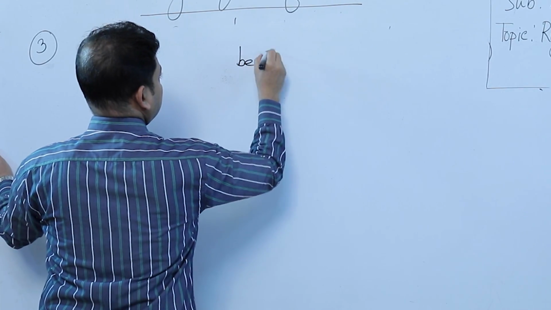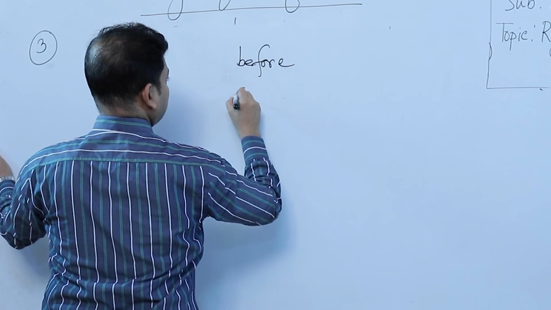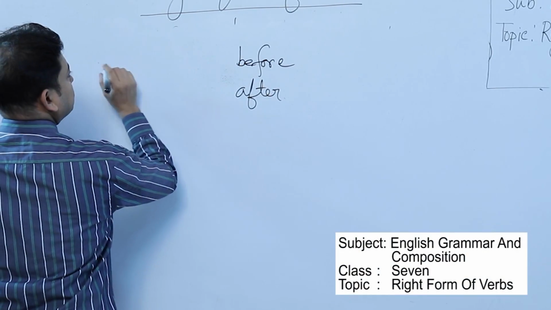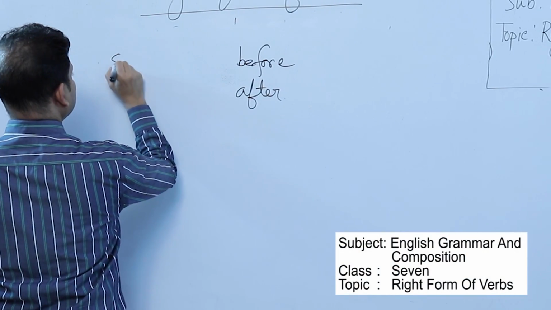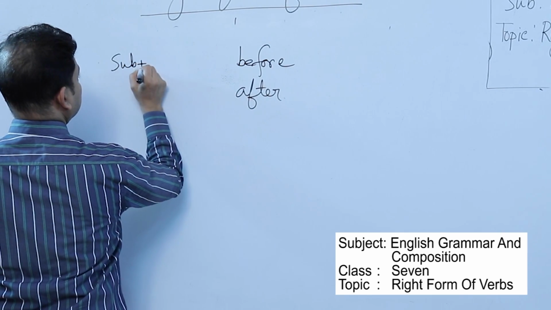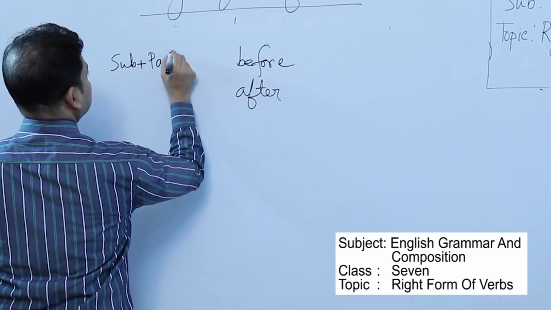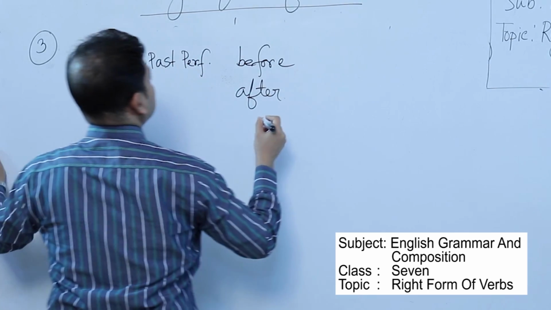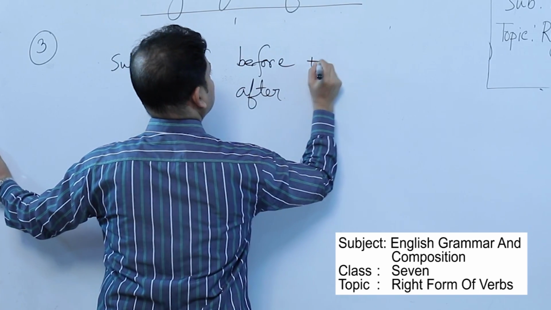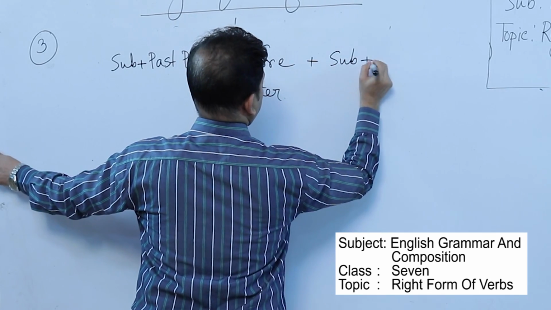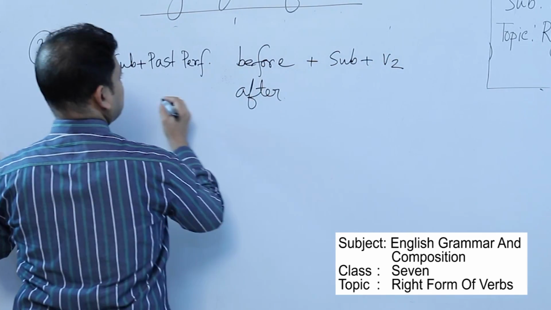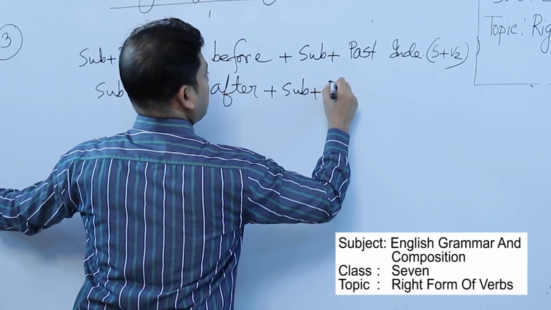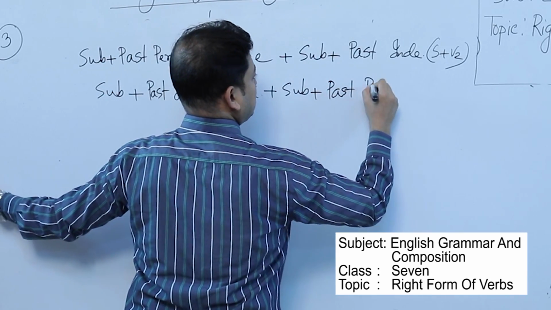Now, rule number 3, after plus subject plus past perfect tense.